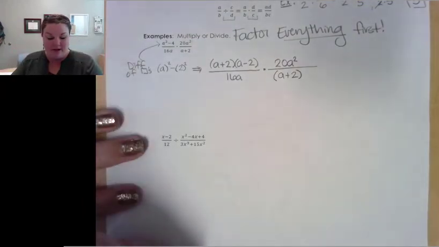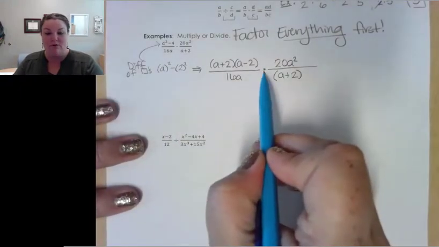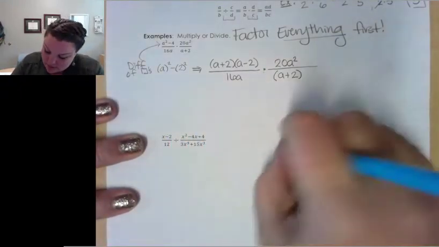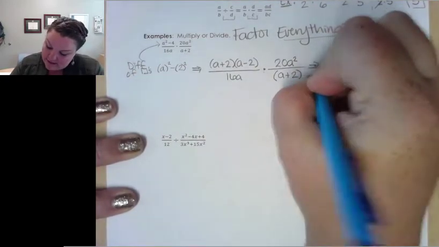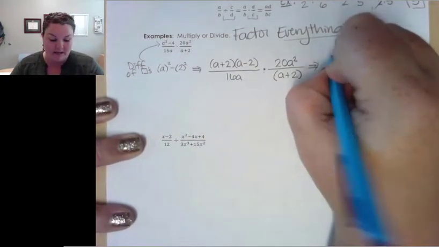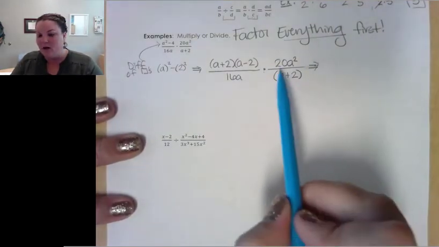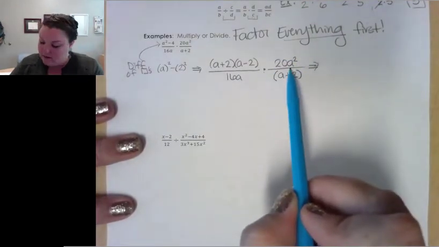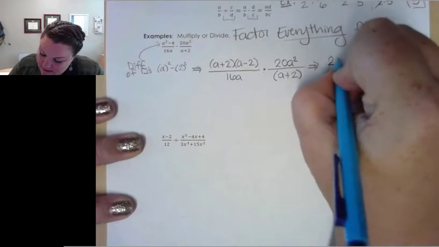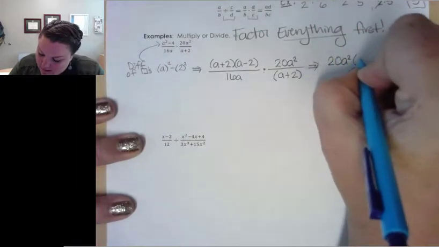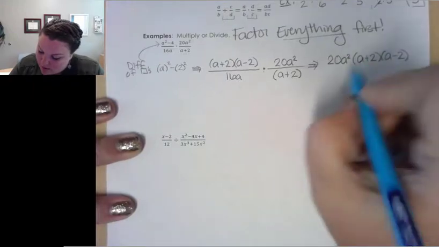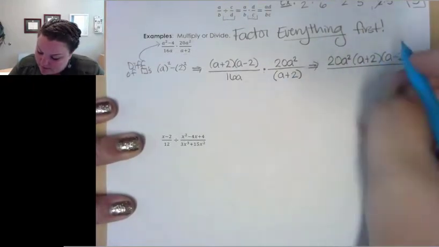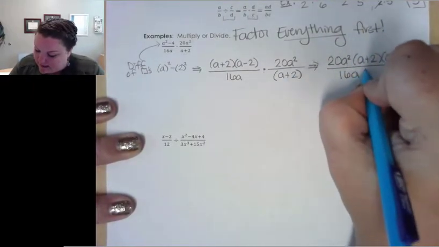Now that I'm multiplying, I can just multiply straight across. When you multiply straight across, anytime you have a monomial, we like to write that out front. So I'm going to write out my 20a squared and then my quantity a plus 2 times a minus 2, all over 16a times a plus 2.